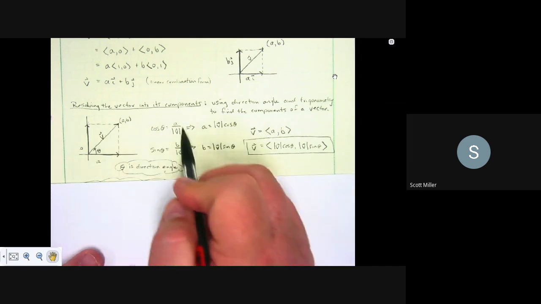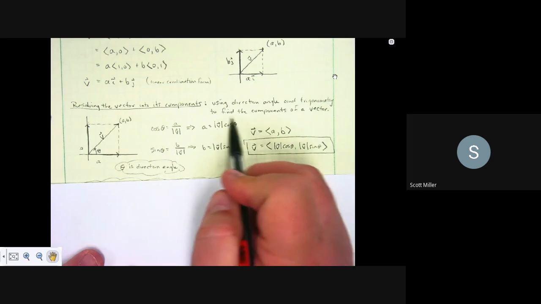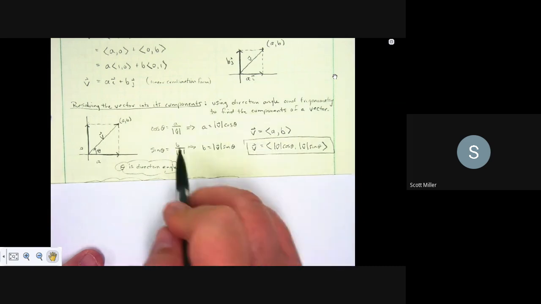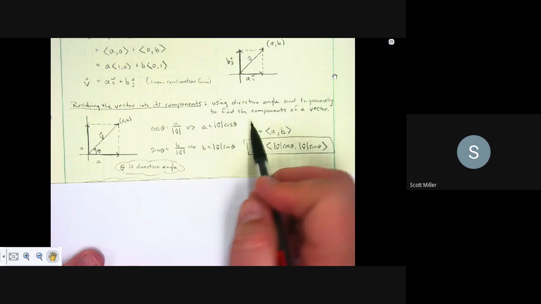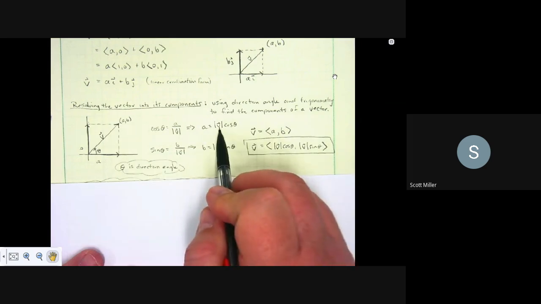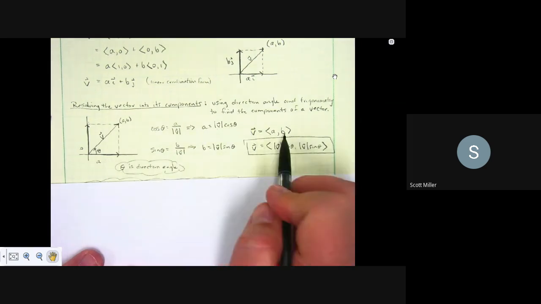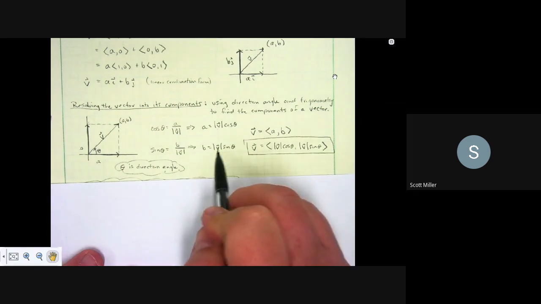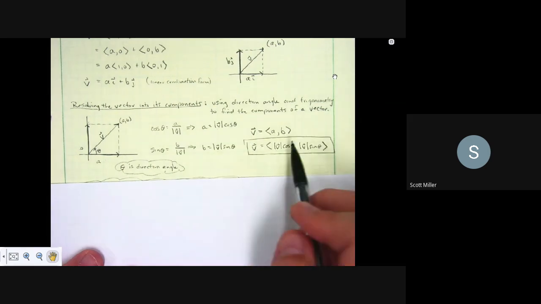If I have that, then I can tell you what a is in this format. Likewise with b. So for the component form ⟨a, b⟩, a is the magnitude of the vector times the cosine of its direction angle. b is the magnitude of the vector times the sine of its direction angle. Then I can write the vector in trig form.